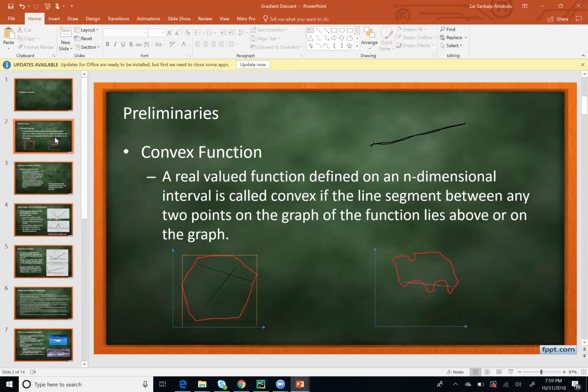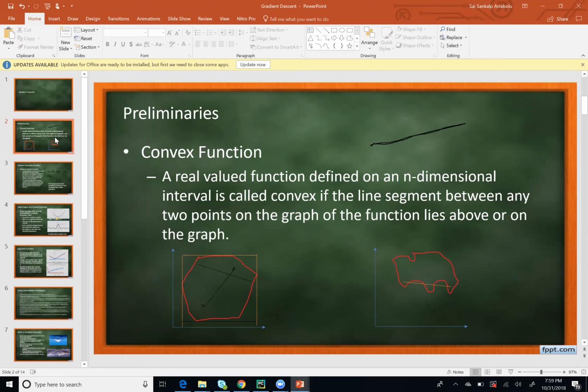For example, this function, you see the red line is a function, and I take 2 points within that function boundary and I draw a line. All these points are within that boundary, as long as the endpoints are within the boundary.